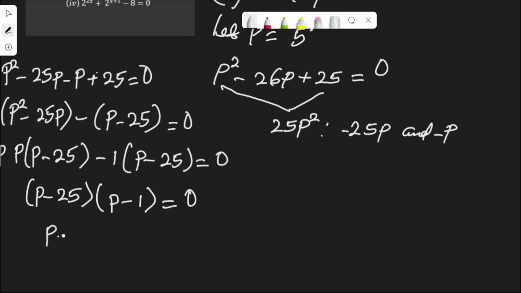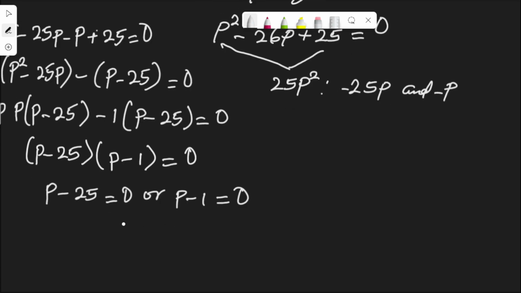It's either p minus 25 is equal to 0 or p minus 1 is equal to 0. That means p is equal to 25 or p equal to 1.